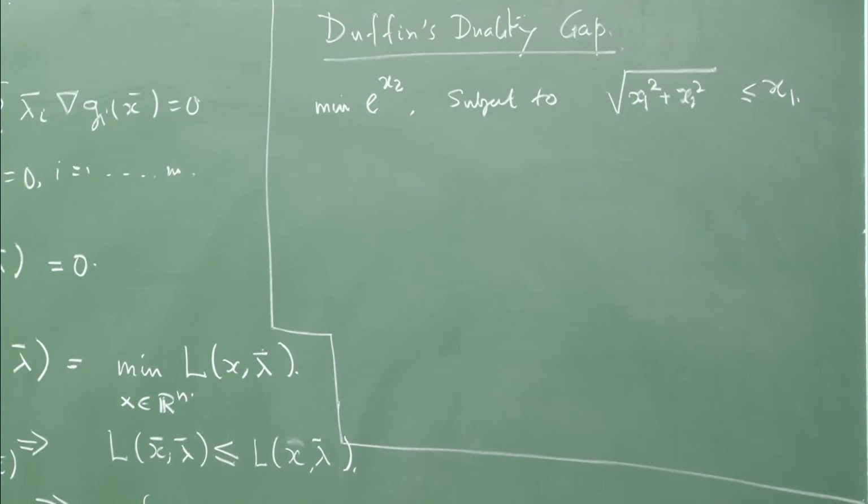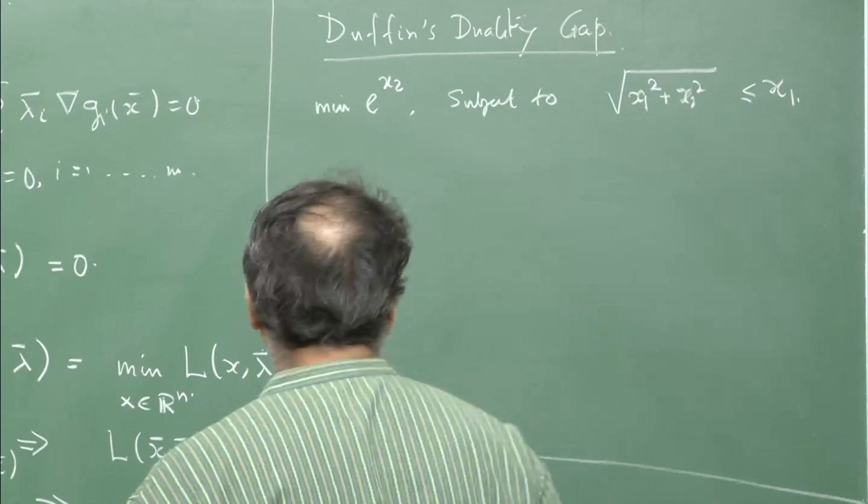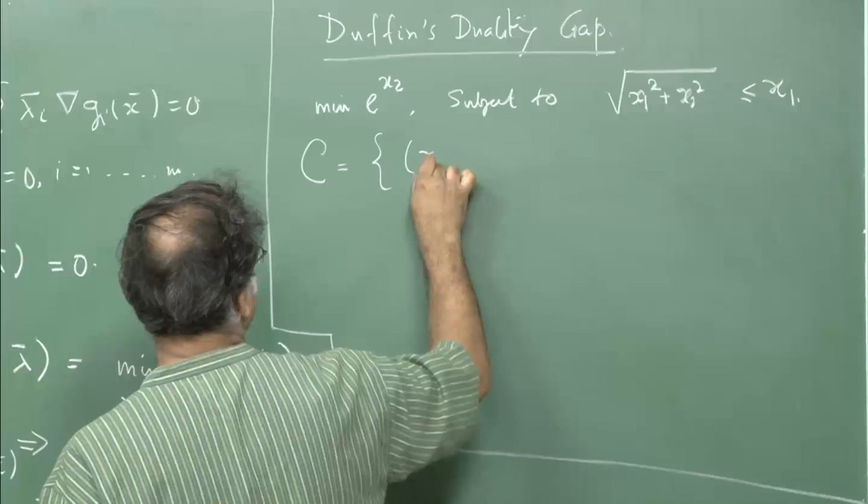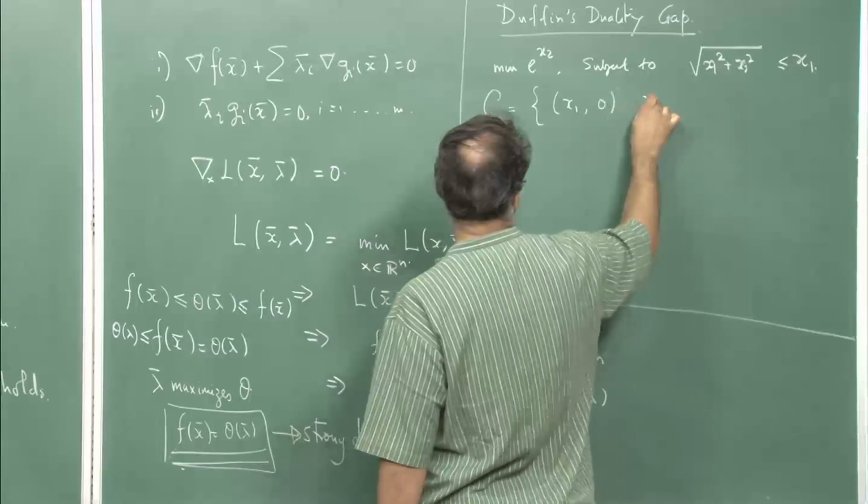So, if I put x2 equal to 0 and take any x1, then my feasibility is guaranteed. So, the feasible set C in this particular case is a set of all (x1, 0).